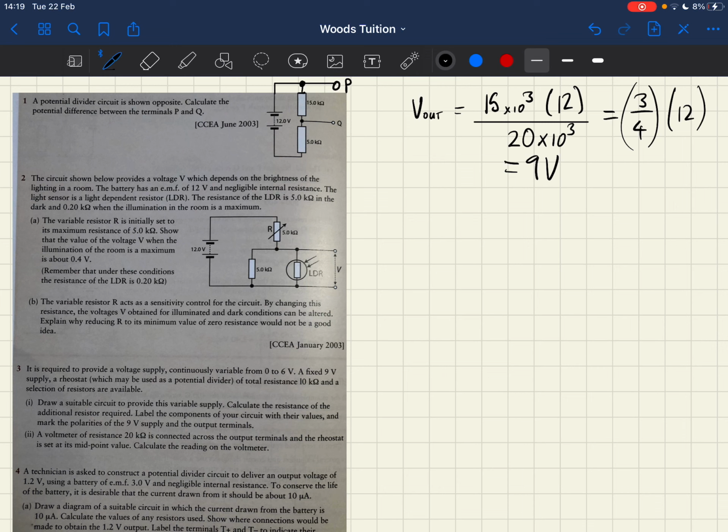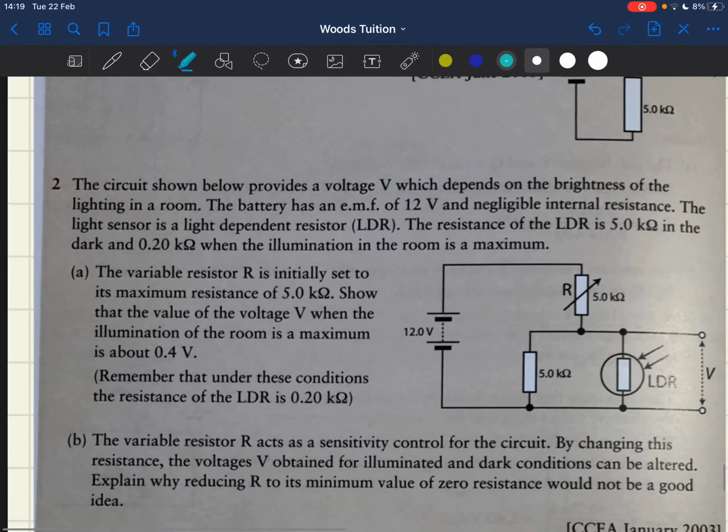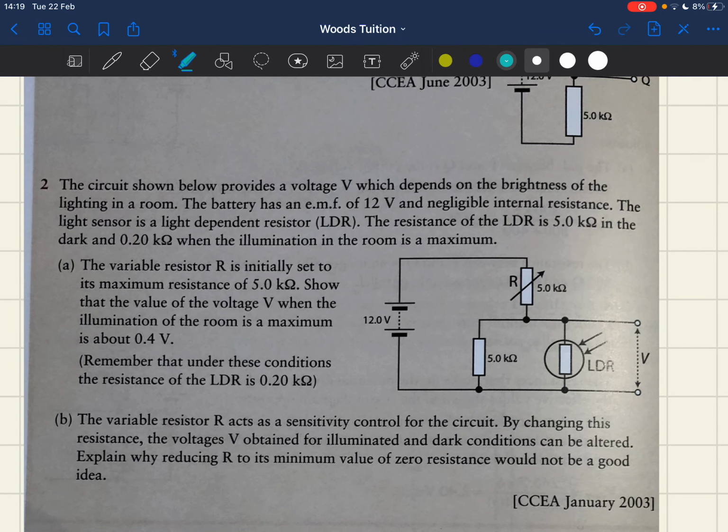This is the question that we made an error on. It was definitely quite a small error. If we go through the question, highlight what we actually need. We've got a circuit, and it's providing a voltage which depends on the brightness of the lighting in the room. So we've got a battery with an EMF of 12 volts, negligible internal resistance, and the light sensor is a light dependent resistor, an LDR.